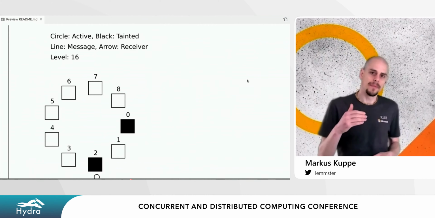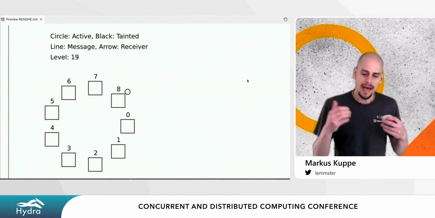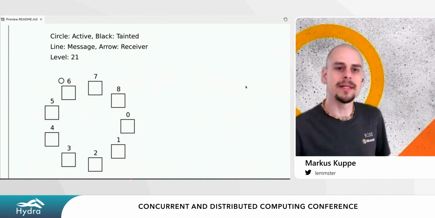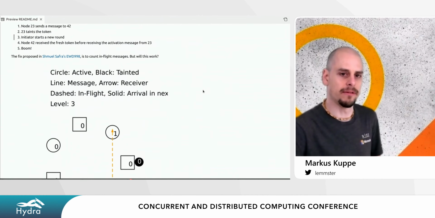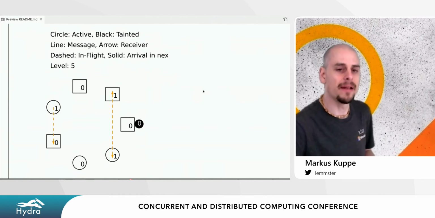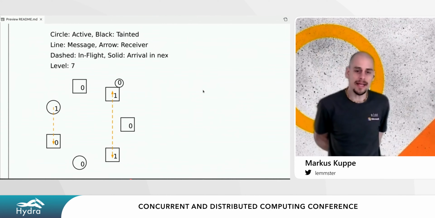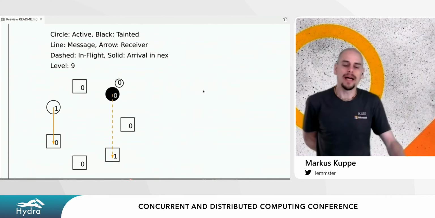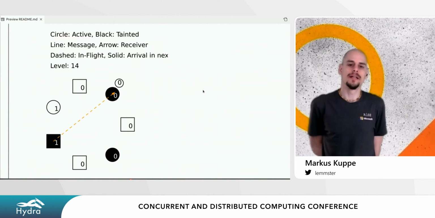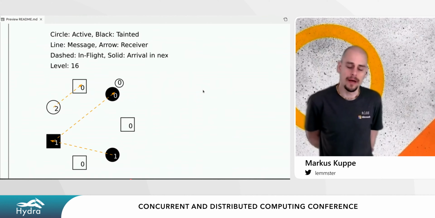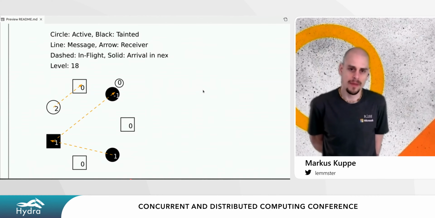So we have to, yet again, extend our algorithm and make it handle the case where we have asynchronous message delivery. And this is then EWD 998 here, where a dashed arrow shows that a message is in flight, and a solid arrow means that the message arrives in the next state.